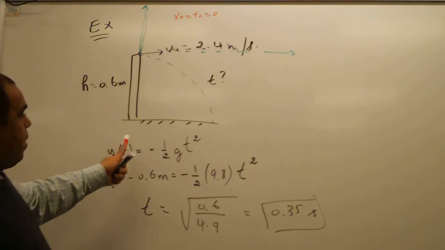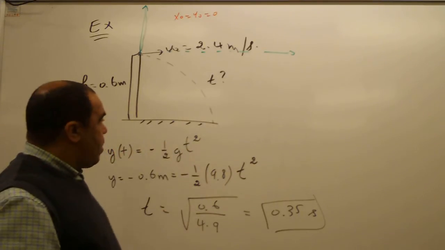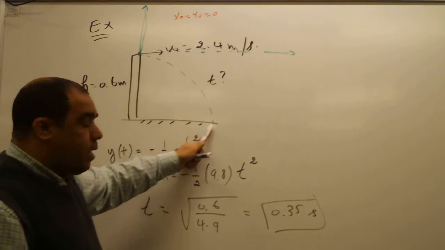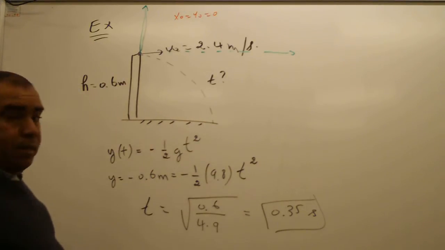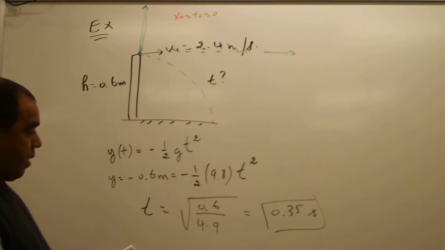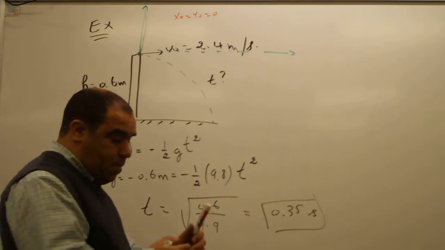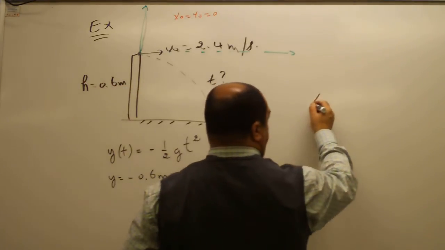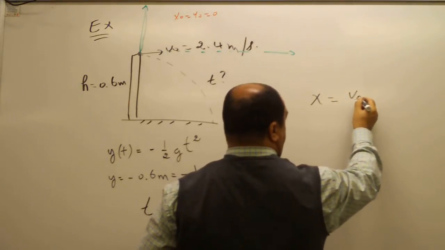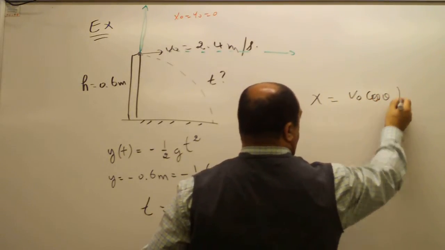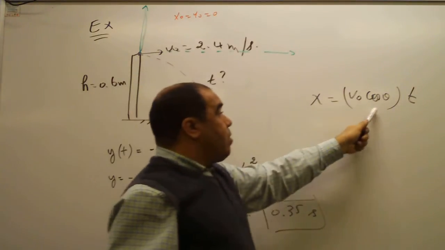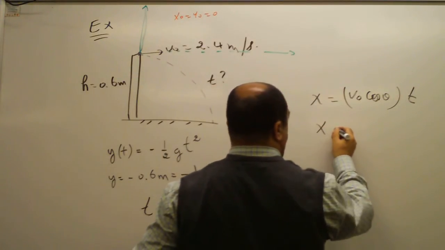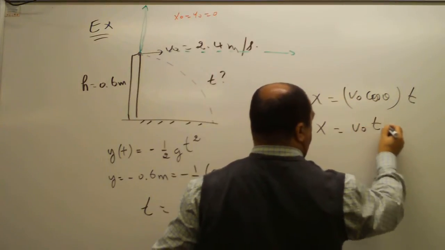Now, we can ask another question. What is the range? That means the landing point from this building. Well, to find the range, since it is the same time, I can use the value of x. It is v0 cosine theta times t. But theta here is 0, and cosine 0 is 1. So this simplifies, x is just v0 t.